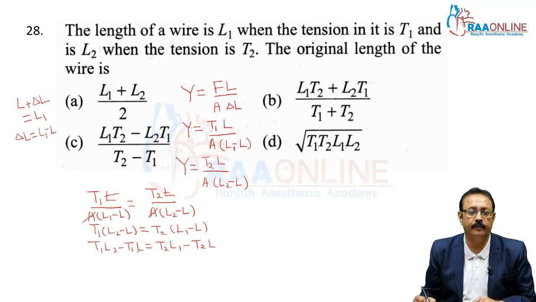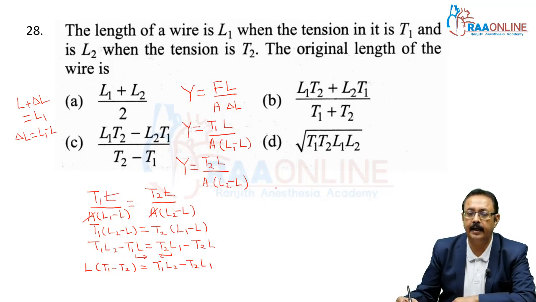So take L on one side. Taking this on that side, I am getting L into T1 minus T2, because with L there is minus T2. On this side I am getting T1L2, and T1L2 minus T2L1, taking this on that side. So L is equal to T1L2 minus T2L1 upon T1 minus T2.